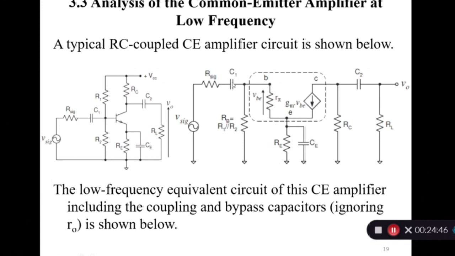Now, suppose you are sitting here on C1, we are looking the resistance from C1. Start from here. R1 and R2, you know, connect this one to the ground, so it will become parallel to each other. That's why resistor looking from C1 is RB.